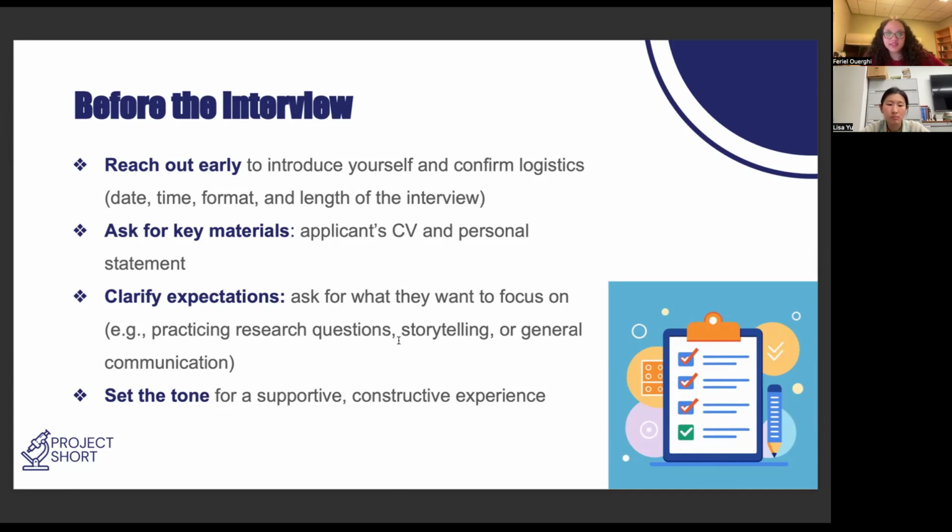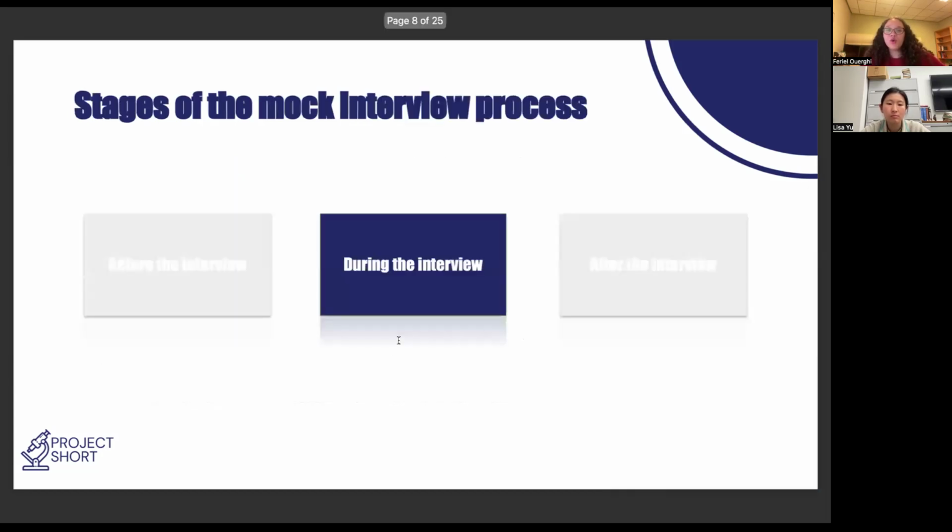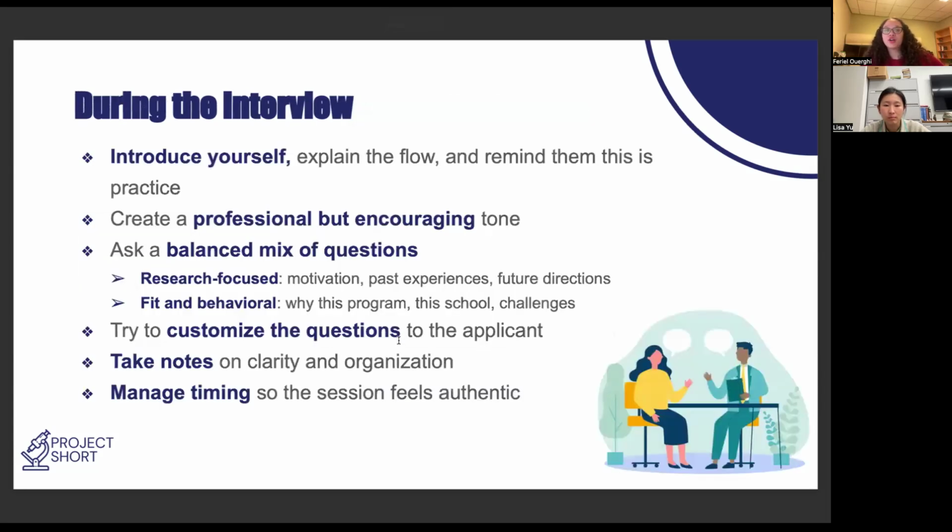So once you schedule your interview virtually, there are certain things that we encourage you to do during the interview. First off, you should introduce yourself, explain the flow, and remind them that this is practice. You want to also create a professional but encouraging tone.